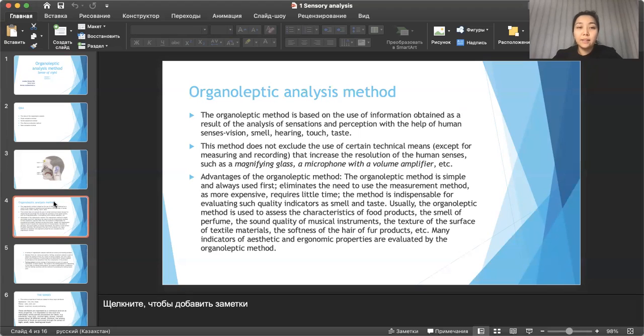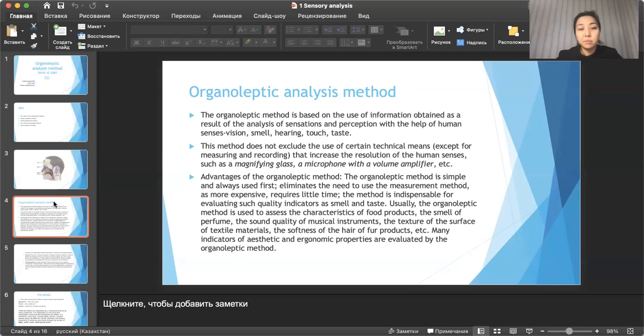The main and first advantage of the organoleptic methods is that they are simple and always used first, eliminate the need to use more expensive measurement methods, and require little time. The method is indispensable for evaluating such quality indicators as smell and taste.